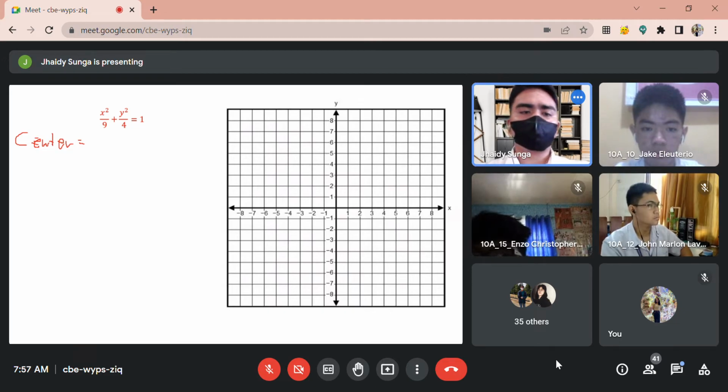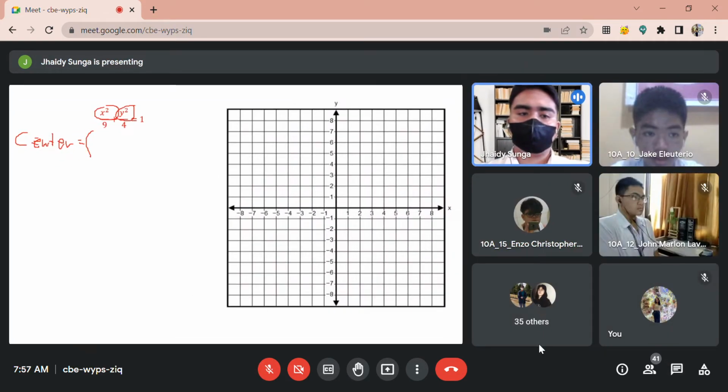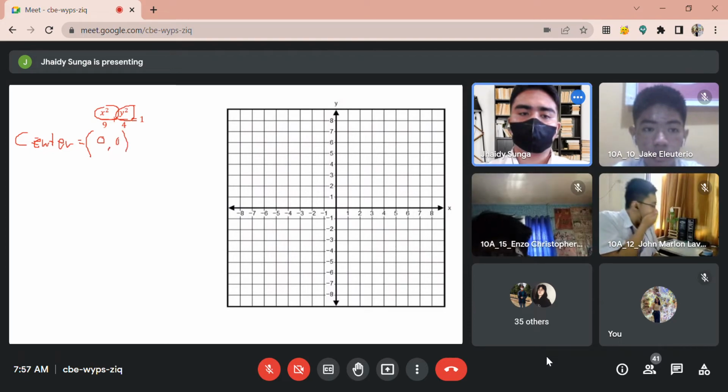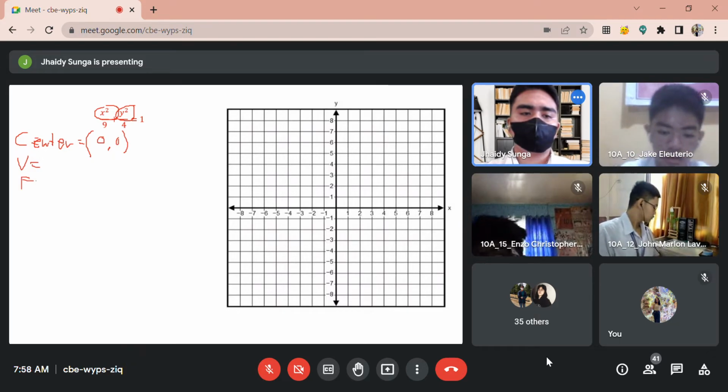Please look up. So let's try to find our center. You don't have H and K, only X and Y. So your center is 0, then 0. Correct? Now, let's try to find the vertices, the foci, and the co-vertices.